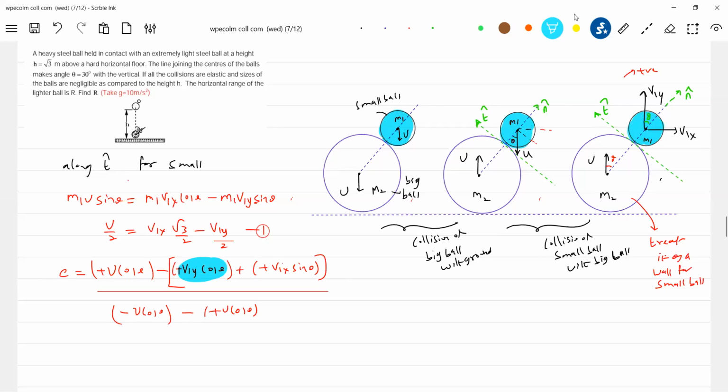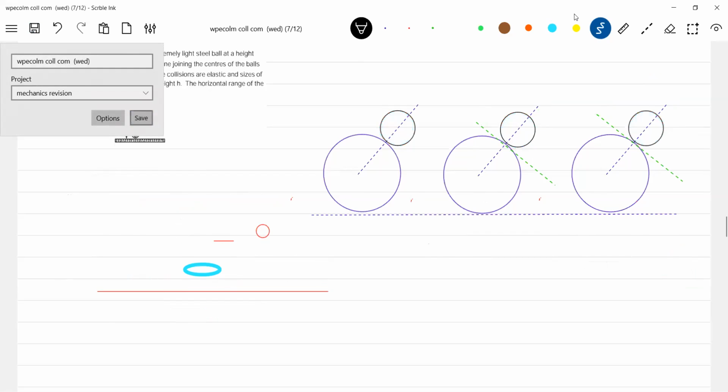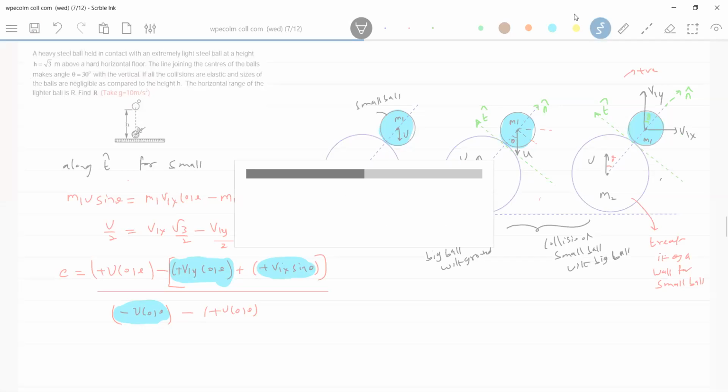All these are related to the small ball. You see the terms. Okay, no problem. So substituting the value of theta and e equal to 1, we'll get one.